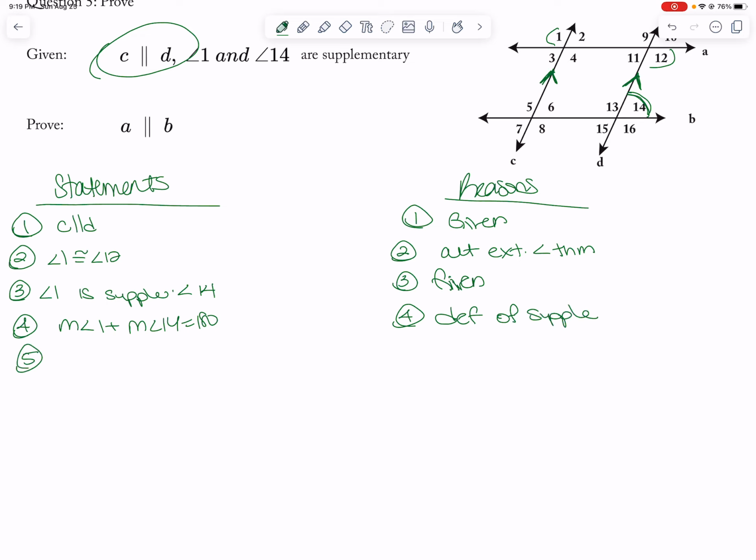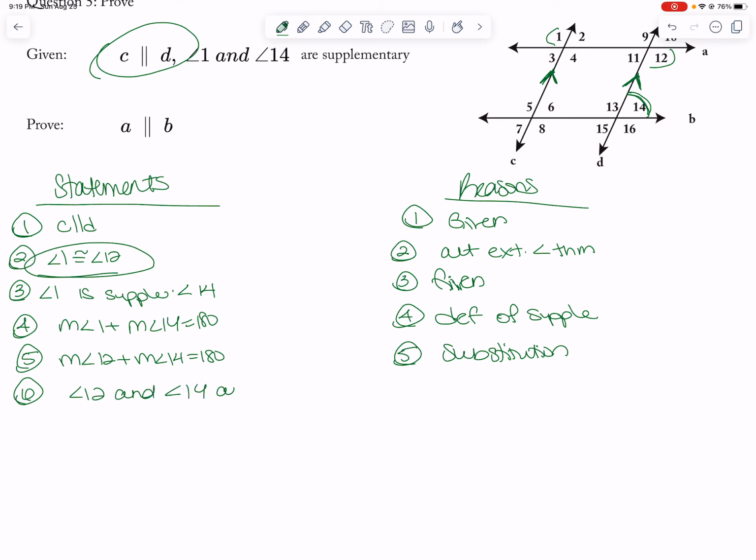And then 5, angle 12 plus angle 14 is equal to 180. If 1 and 12 are congruent, then I can substitute this in. And then 6, angle 12 and angle 14 are supplementary, and that's the definition of supplementary angles.